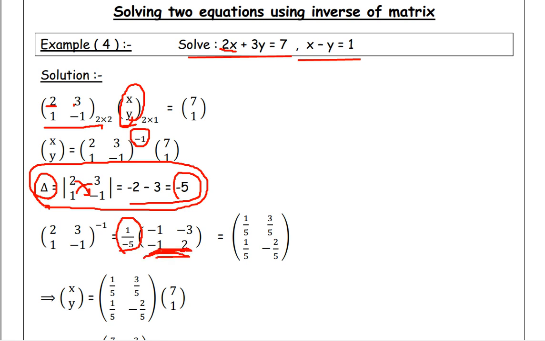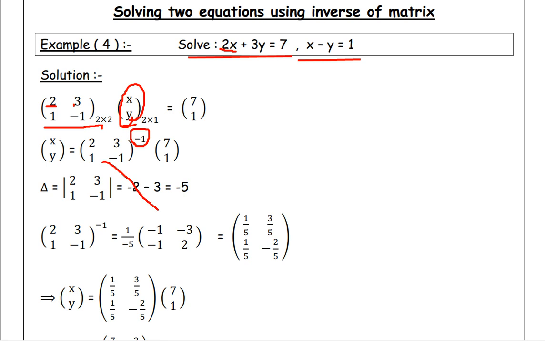Yes, we will take the main matrix here, but we will change some things. 2 and negative 1 will be swapped: negative 1 here and 2 here. Okay, and these two elements we will change their signs, so it will be negative 3, negative 1.